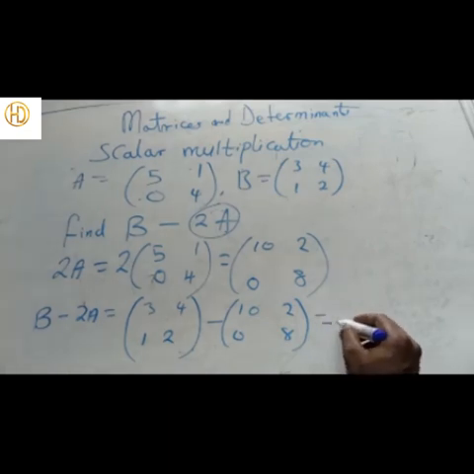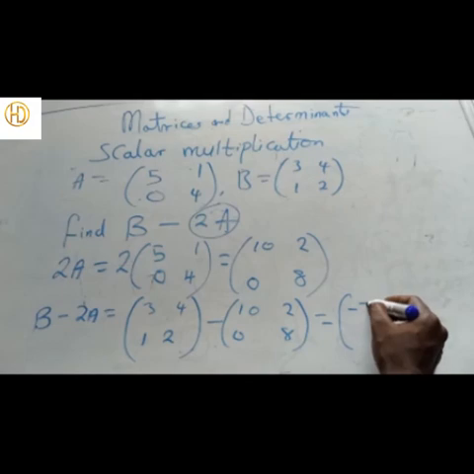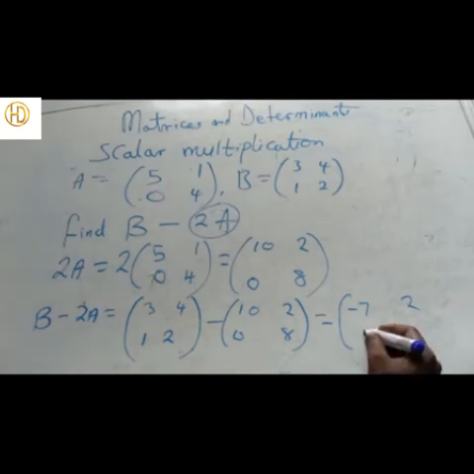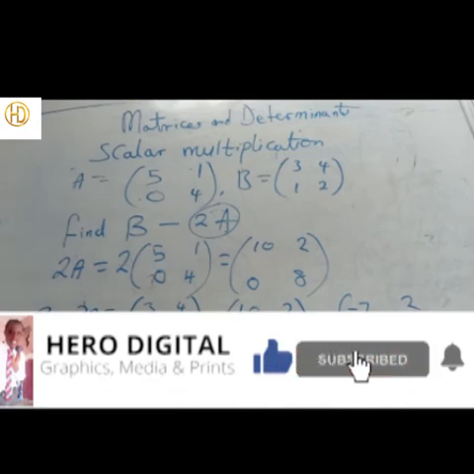So that will give us 3 minus 10, that will give us minus 7. 4 minus 2 will give us 2. 1 minus 0 gives us 1. Then 2 minus 8 gives minus 6.